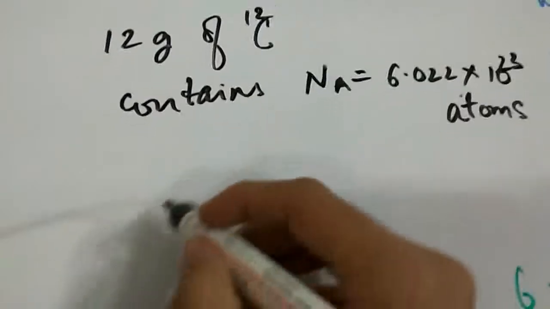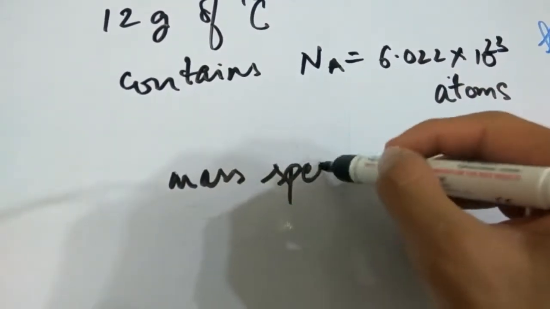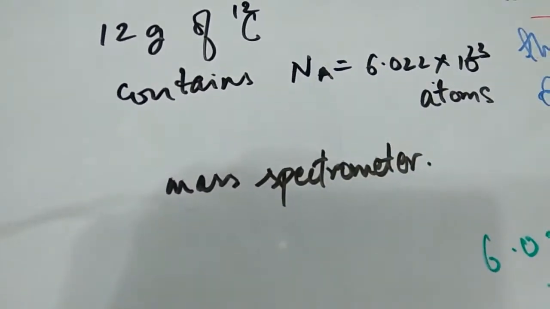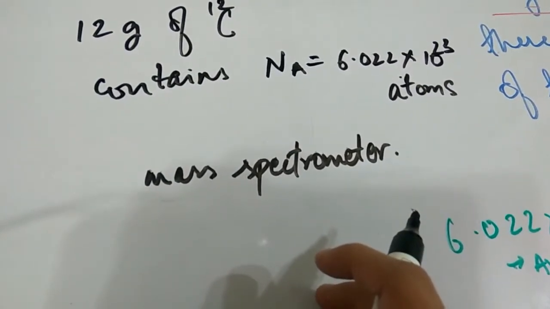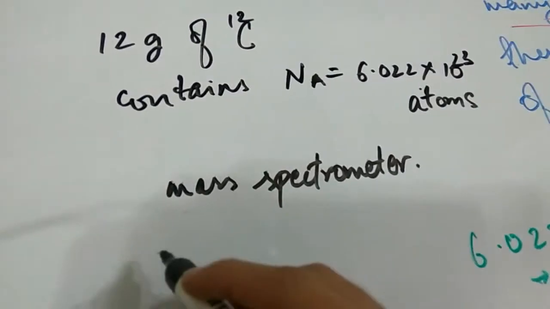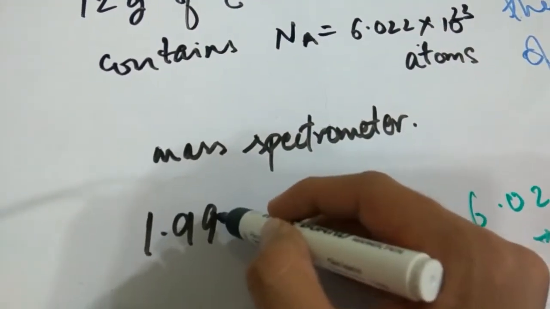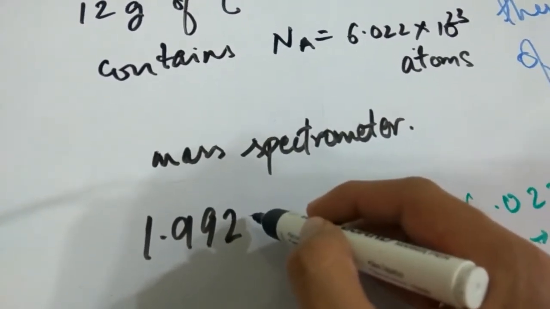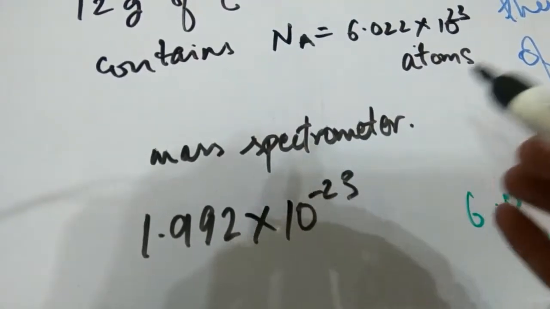Through it, it was found that one carbon atom has mass equal to 1.99, and there are a few more digits that are irrelevant right now, into 10 raised to power minus 23. This is the mass of one carbon atom.